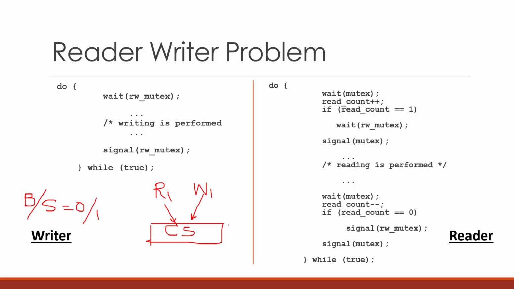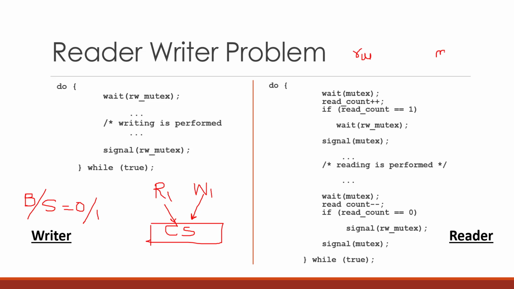All right, so this is what we want to do, and as I mentioned in the theoretical section as well, we are going to have two semaphores: an RW semaphore and a mutex semaphore, right?